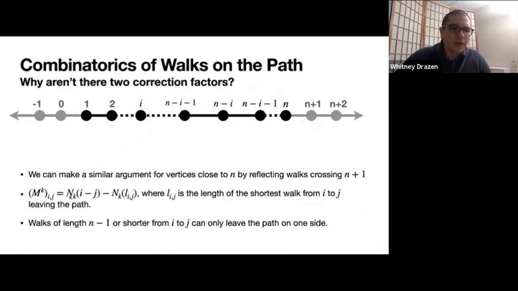We know that the ijth entry of M to the k is a binomial coefficient n choose k, corresponding to moving i minus j from the starting point. And then we have a correction factor that depends on k and the length of the shortest walk from i to j leaving the path.